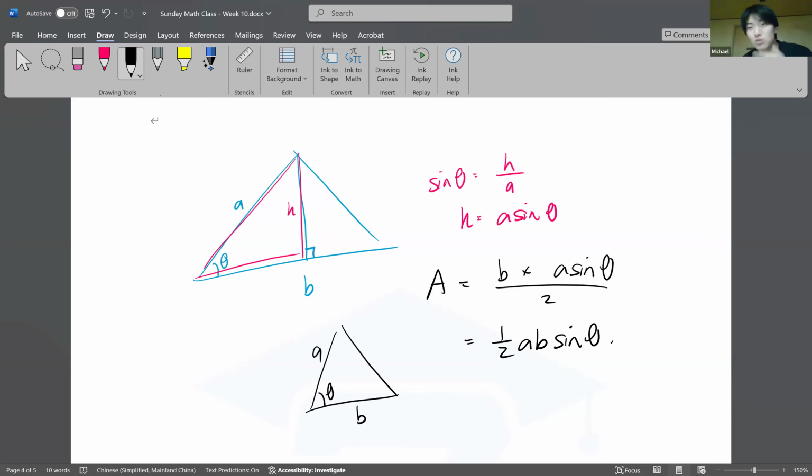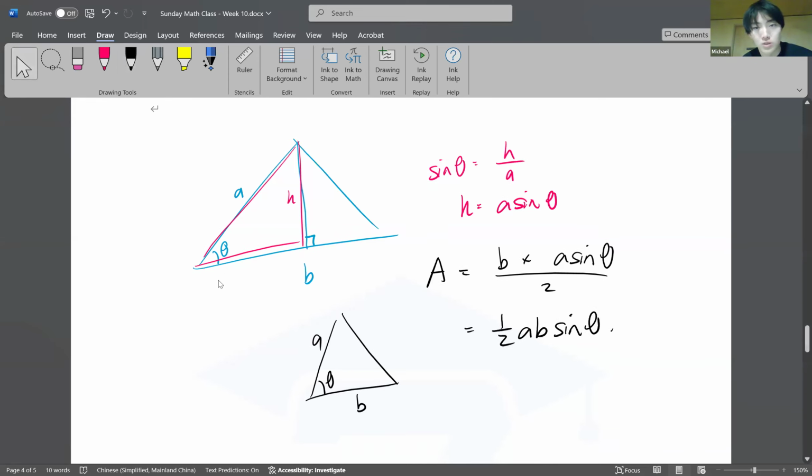We can derive the same equation treating A or B as the base. So area equals half one side times another side times sine of the angle between the two sides. Make sense? All right, write this down in your book, guys, and then we'll do some practice questions about this.